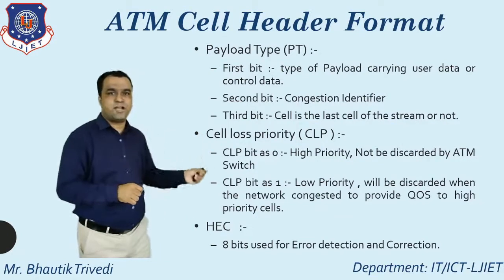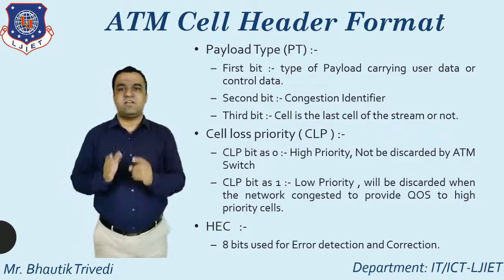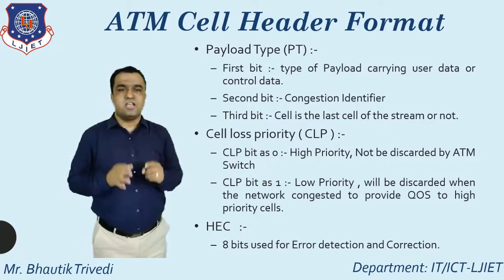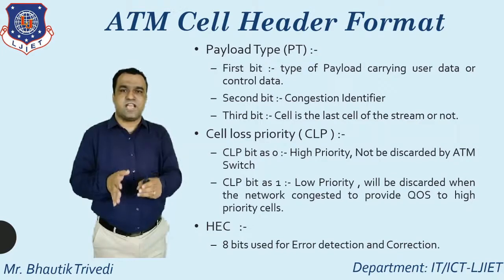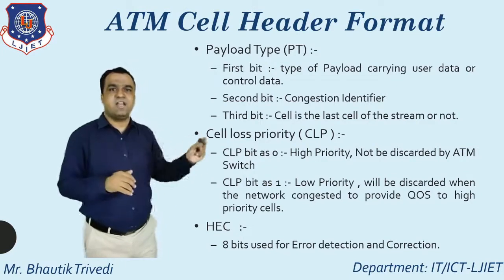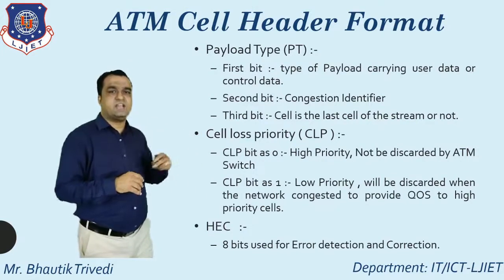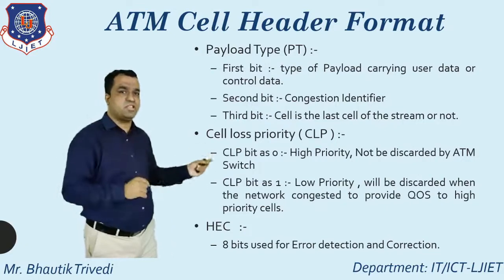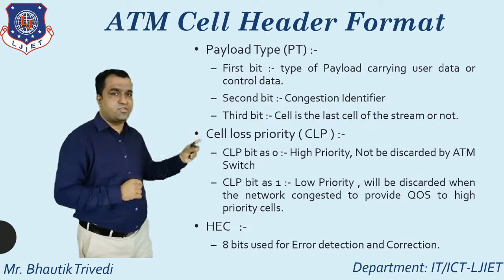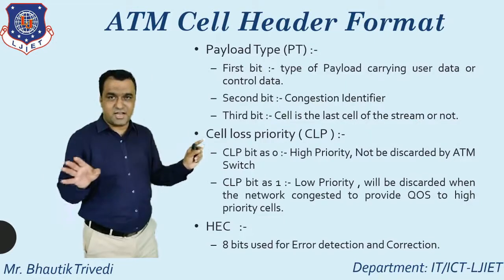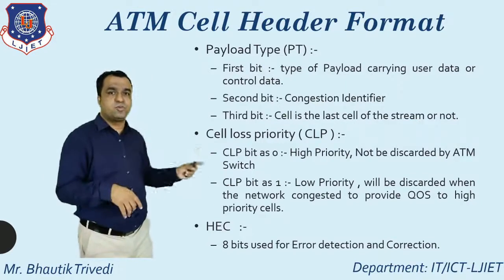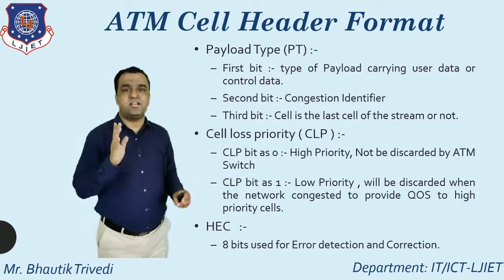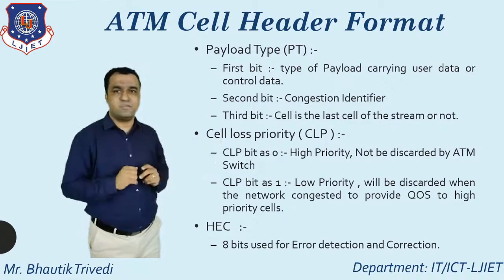But if you put CLP bit as 1, that is considered low priority, so this cell will be discarded when network congestion occurs.